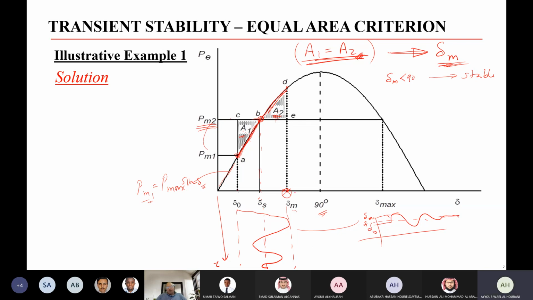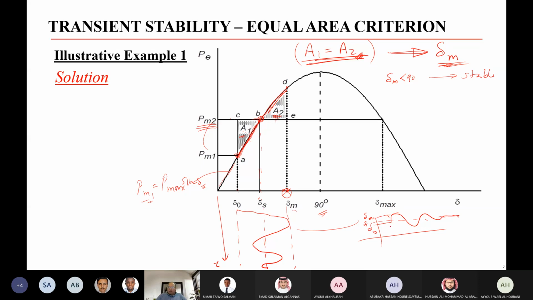Okay, in principle, I think it is the same question you asked me before, Ayub, about delta: that it could reach higher than 90 during the oscillation or not. And the answer was yes. Delta could go beyond 90 degrees and come back in oscillation.